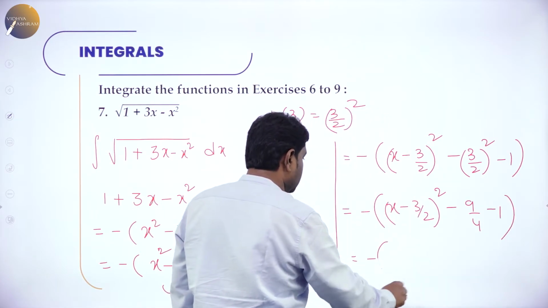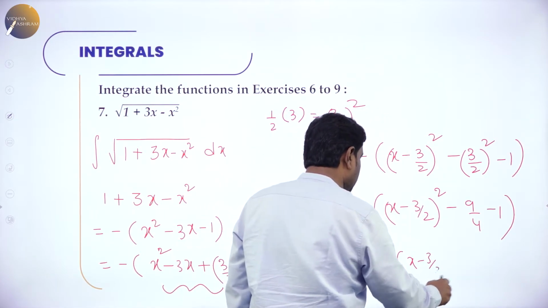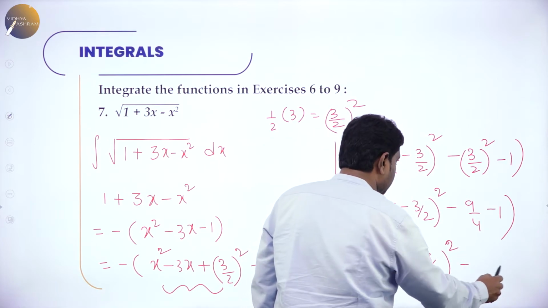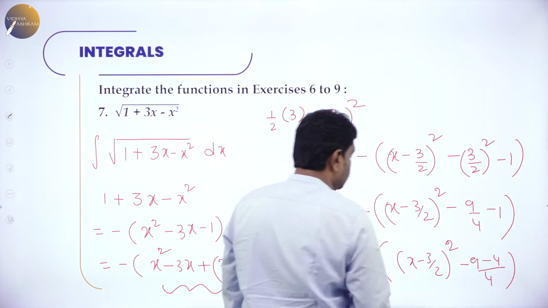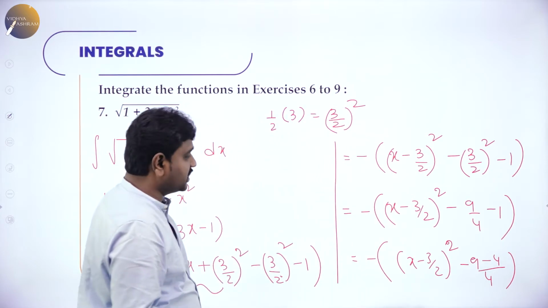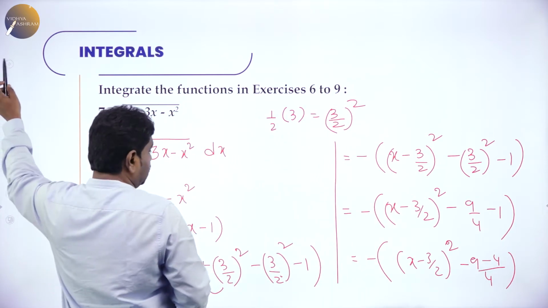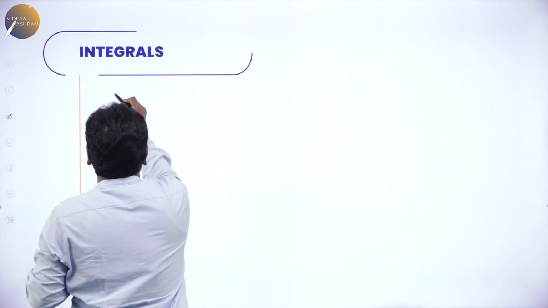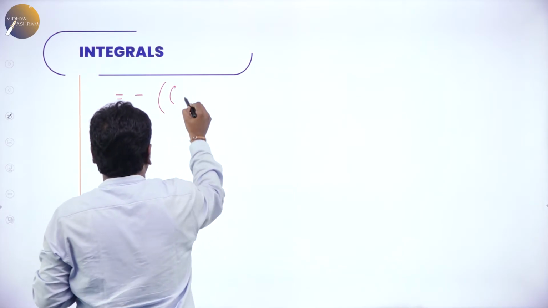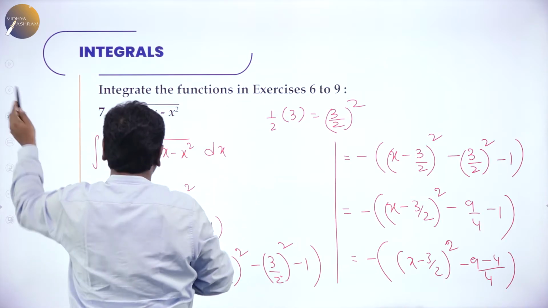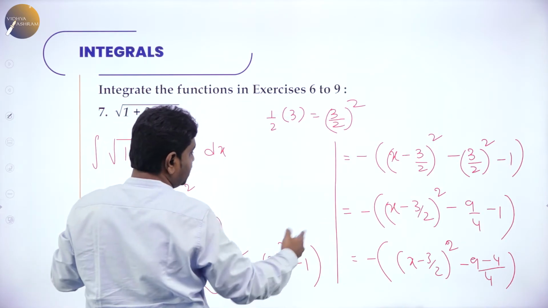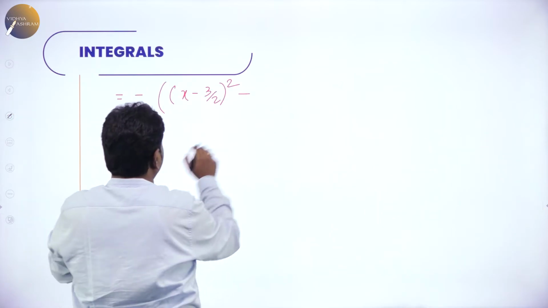Simplify this further. So minus outside, it will become (x minus 3 by 2) the whole square. LCM is 4: minus 9 minus 4. So minus 9 minus 4 becomes minus 13 by 4. So we have minus of (x minus 3 by 2) the whole square minus 13 by 4.